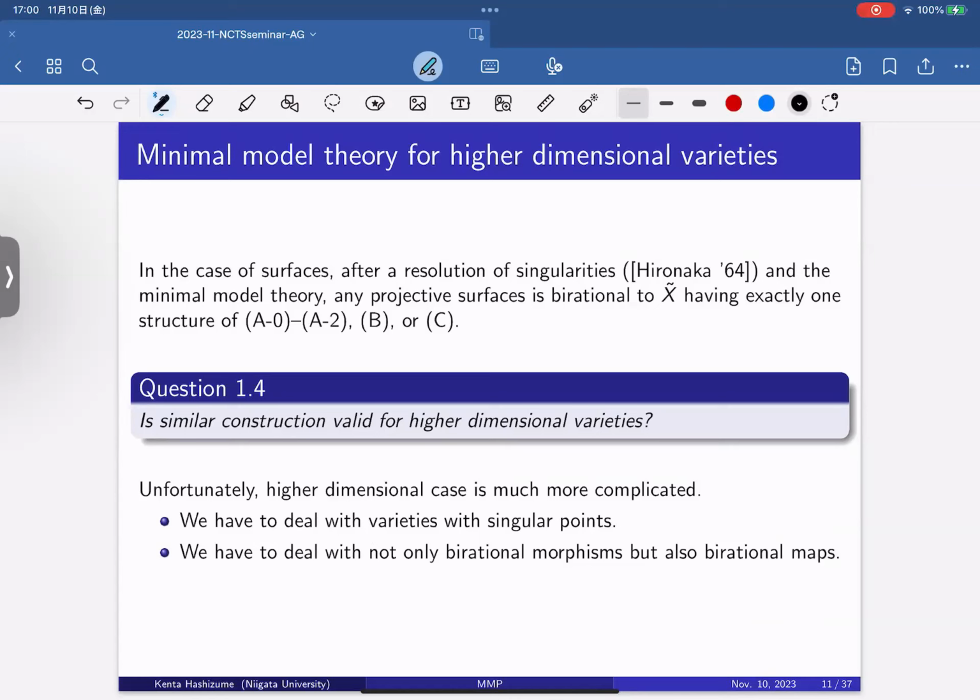So the minimum model theory for higher dimensional varieties is incomplete. One of the difficulties is that we need to deal with worse singularities, bad singularities.